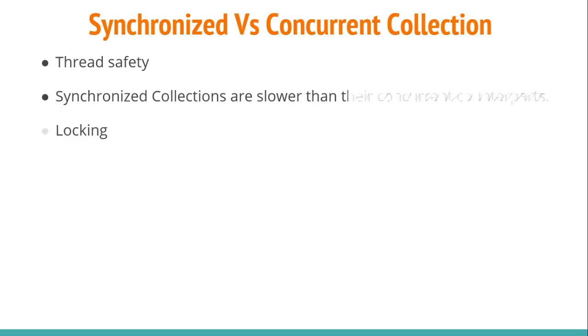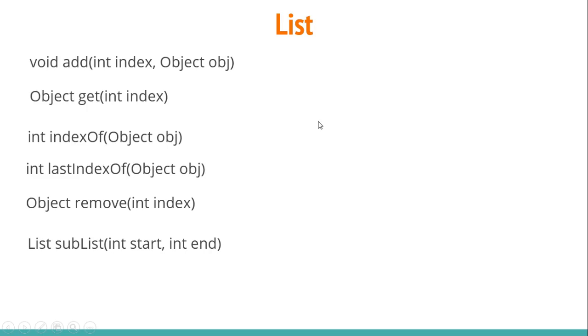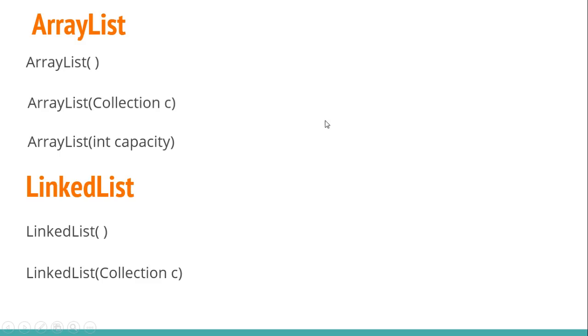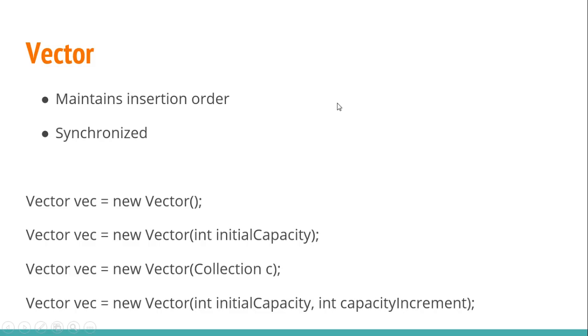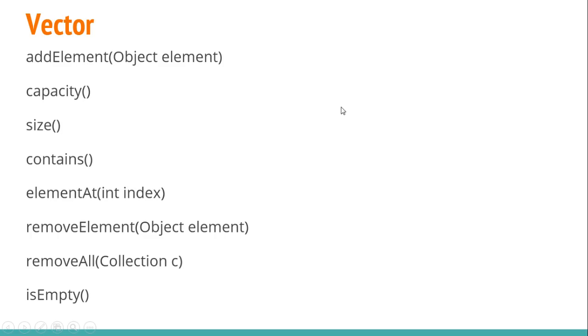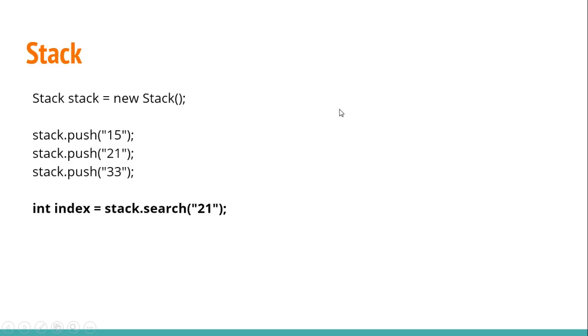Then we have synchronized versus concurrent collections. We saw list and the methods of list, then we moved on to the implementations of list, that is ArrayList and LinkedList. We also saw Vector, which is a legacy class to work with lists, and then we also took a look at Stack, how push and pop operations work on a stack, right?